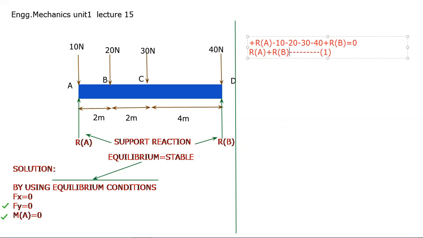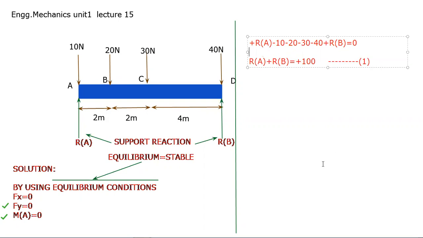How much will be the addition? 40 plus 30 is 70, 70 plus 20 is 90, and 90 plus 10 is 100. So arranging the terms, we get Ra plus Rb is equal to positive 100. So this will be our equation number 1.